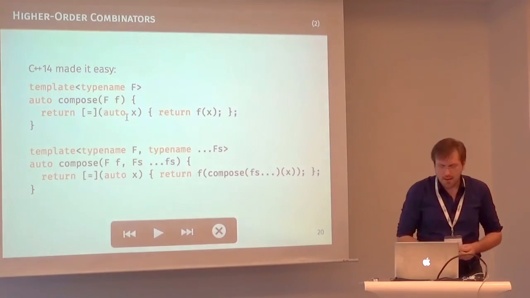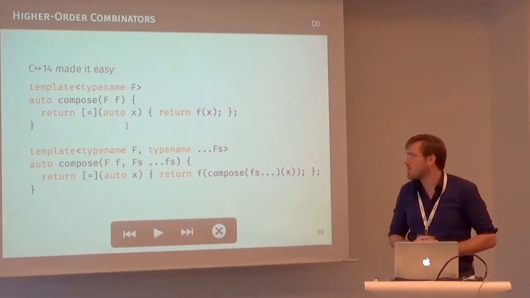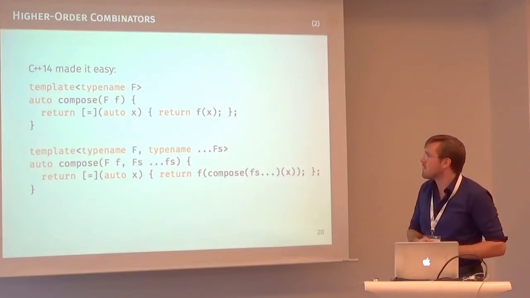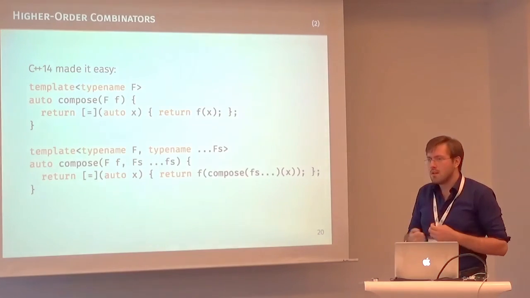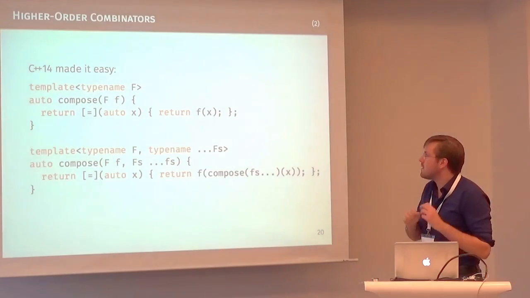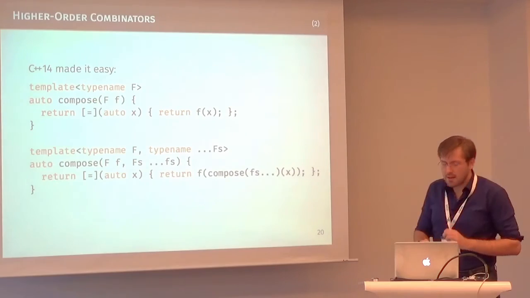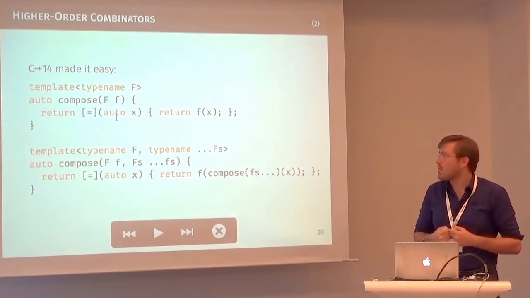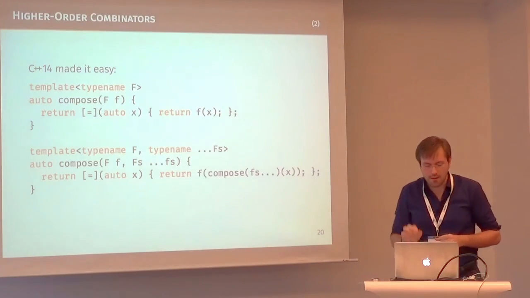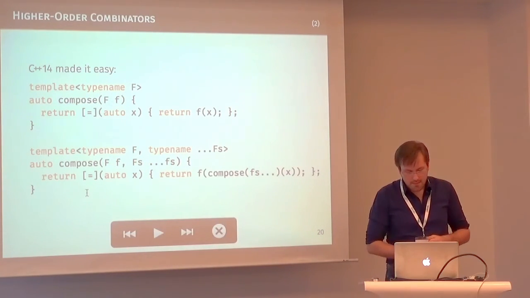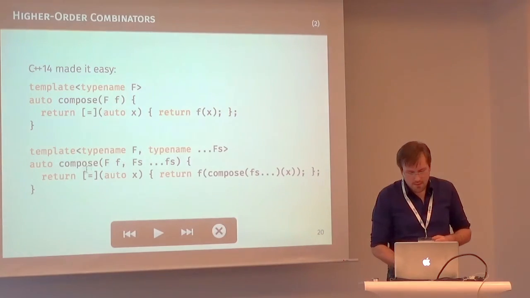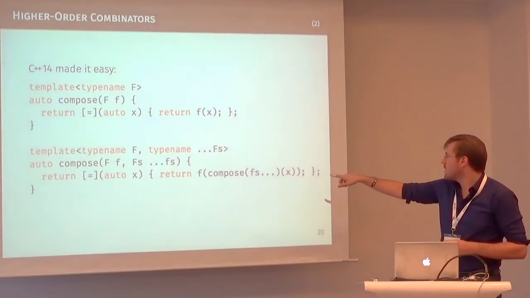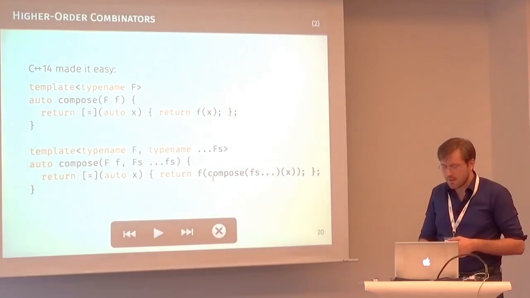I cannot simply return f because f could be a type that cannot be copied, if I pass just a function or something delicate, so I just wrap it into a lambda, so I know that I'm returning a regular type. Okay, and the recursive step of the parameter pack expansion just calls f on the result of the others.